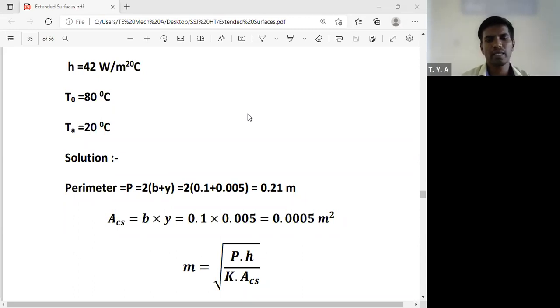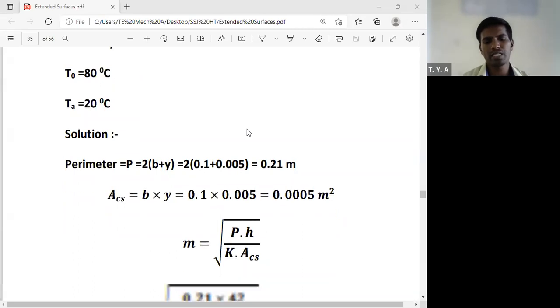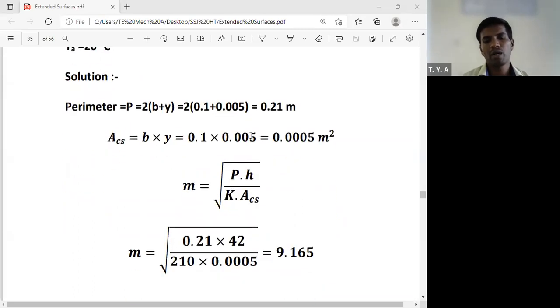See if everyone gets it, M is equal to 9.165. Okay, perimeter is 0.21, H is 42, K is 210, cross section area is 0.0005. So by simplification, we get the value of M as 9.165.